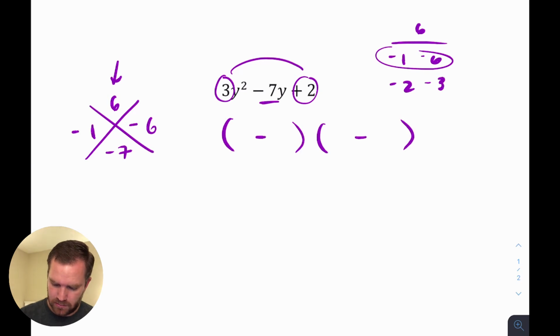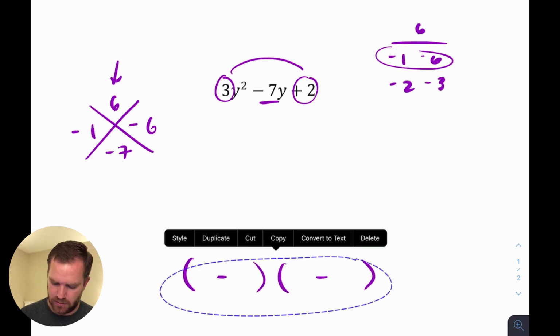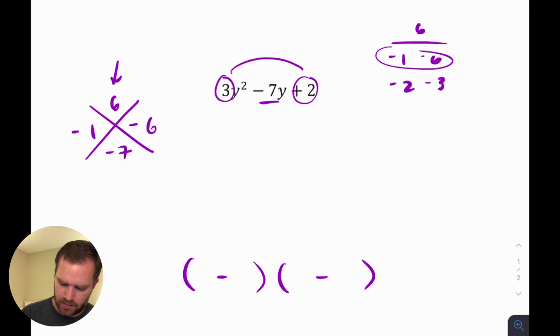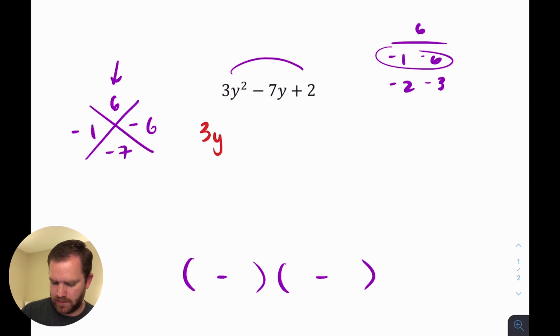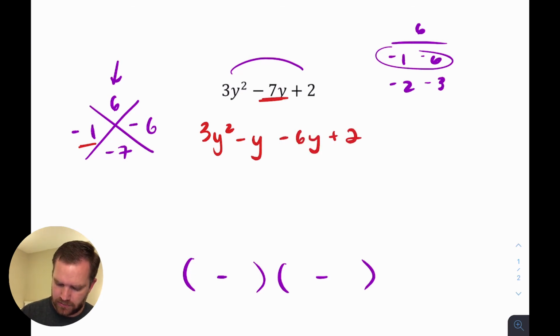So we actually can't put this here just yet. We're going to take all of this and rewrite it. So it's 3y squared. Remember, that's splitting this middle term. So it's going to be minus y minus 6y plus 2.